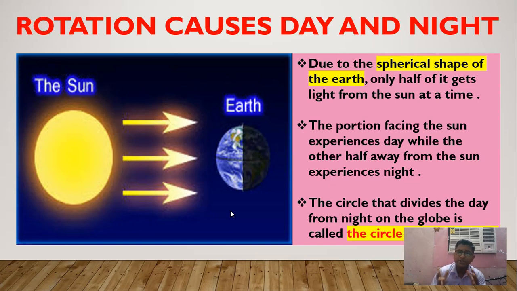Due to the spherical shape of earth, only half of it gets light from the sun at a time. बिकॉज हमारी अर्थ की जो शेप है वो स्फेयर है. जब उसके ऊपर लाइट पड़ेगी तो जो साइड अर्थ की सामने आ रही है, लाइट विल फॉल ओनली दैट पार्ट. बैक साइड वाला पार्ट जो अर्थ का है, जहां पे सन की लाइट नहीं पहुंच रही है, वो रिमेन इन द डार्क. So the areas of the earth getting light experience day, and the areas which do not get light, there is night.